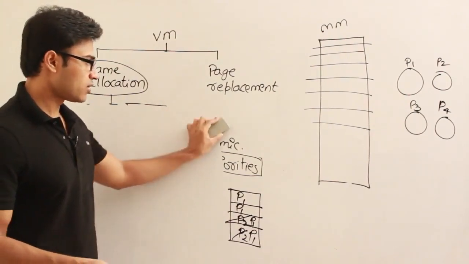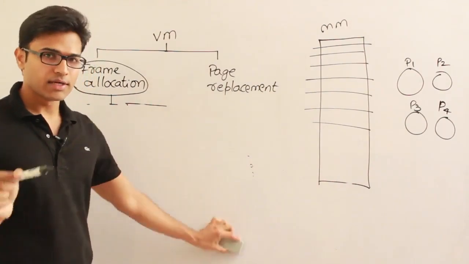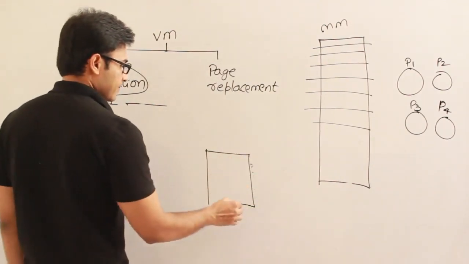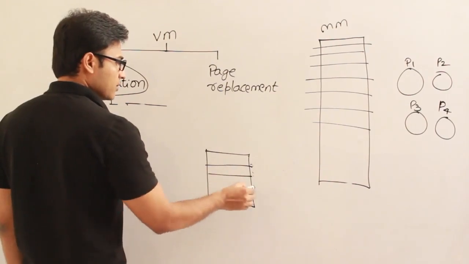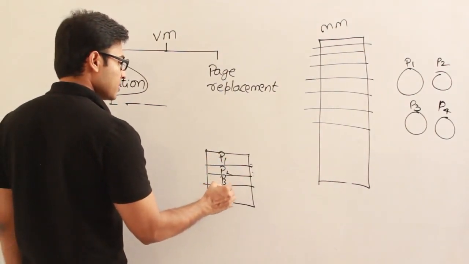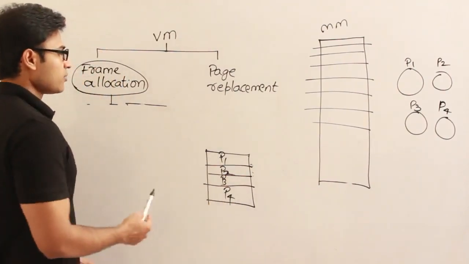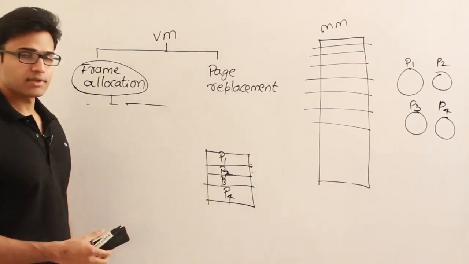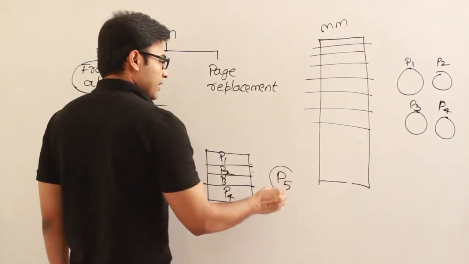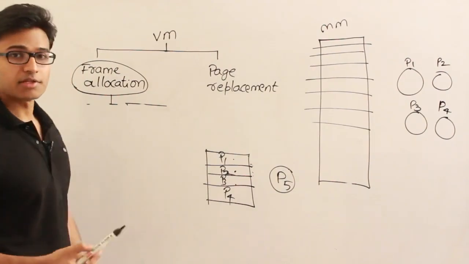Let us say a process got 4 frames and has filled them up with page number 1, page number 2, page number 3 and page number 4, and let us say it is static allocation, which means it is not supposed to use beyond 4 frames. Then if it wants one more page, P5, which one are you going to replace? That is called the page replacement algorithm.